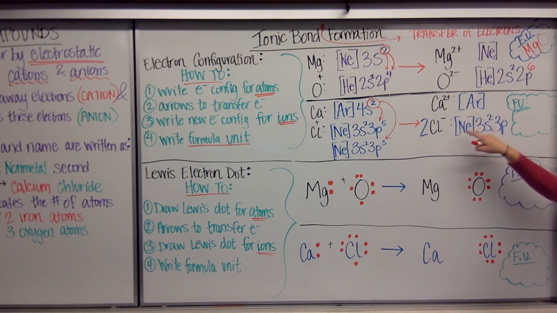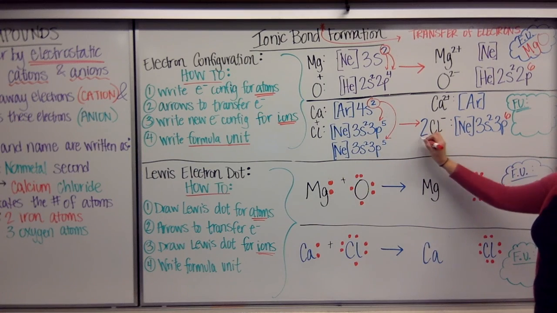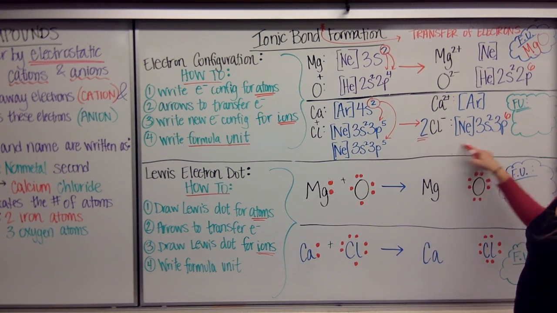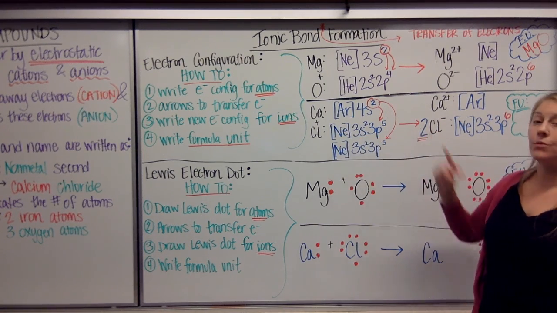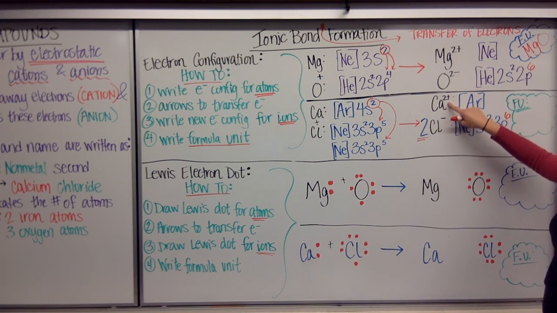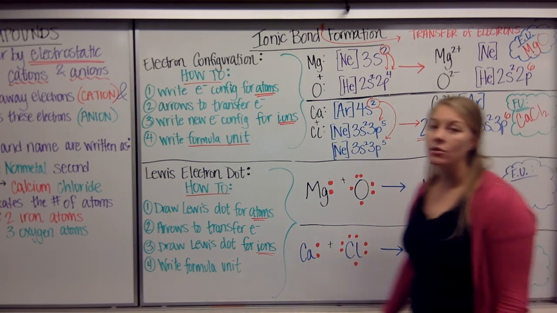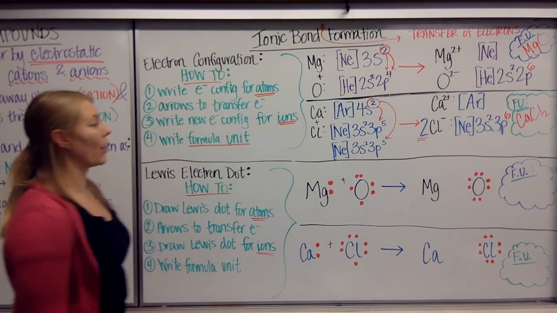So now it's neon 3s2 3p6, right? 5 plus 1 is 6, and we have 2 of those, right? You don't have to write both over again, just write a 2 in front of there. All right, now the new formula unit here, we have 1 calcium, 2 chloride, so CaCl2, 1 calcium, 2 chlorines, or chloride ions, okay?